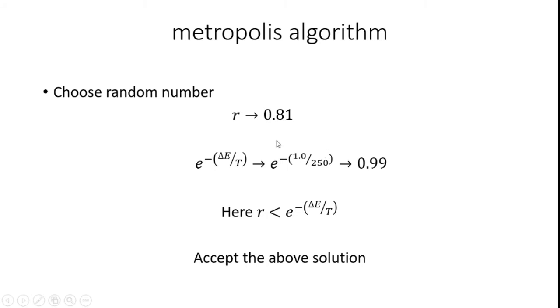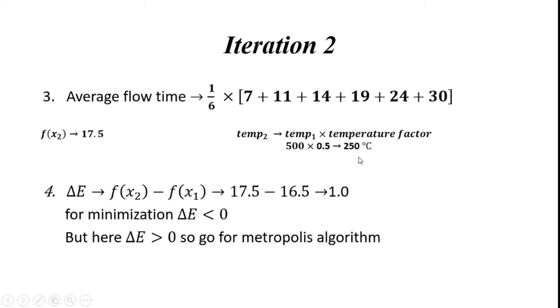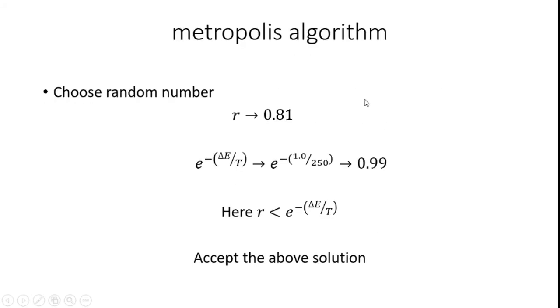What is the temperature I considered? Temperature is 250 degrees Celsius. So I substitute 1 and 250 for delta E and T. I got 0.99.